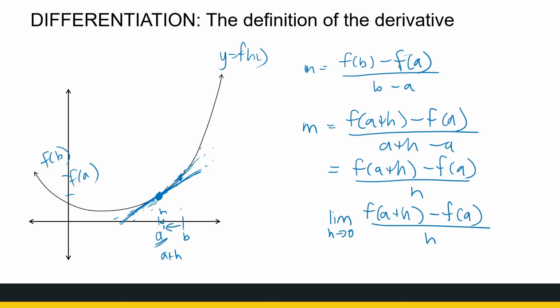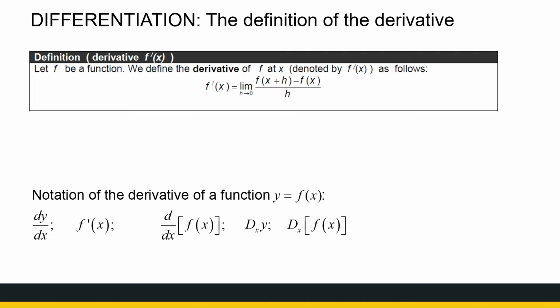So let's formalize the definition of the derivative. If I've got a function f, the derivative of f at x, we denote it by f prime of x, and it is the limit as h approaches 0 of f of x plus h minus f of x over h. All right, so that's the formal definition of a derivative. Then there are lots of notations, and you need to be familiar with these notations because they can be used interchangeably.